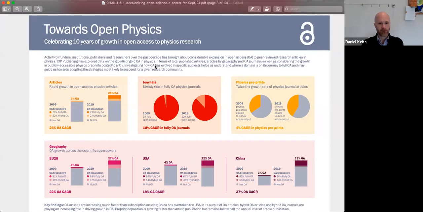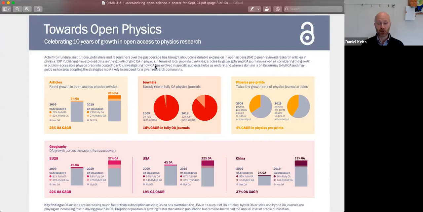Overall, what we found was rapid open access article growth alongside relatively flat subscription article growth over that period, with the proportion of open access rising from only around 3% to well over 20% last year.